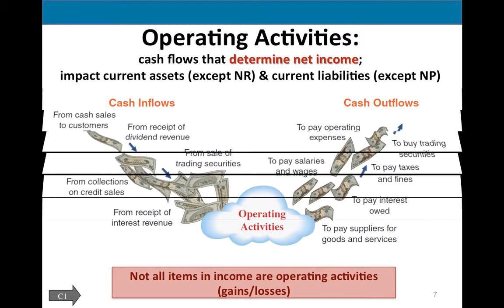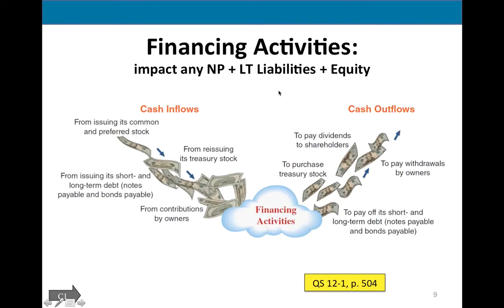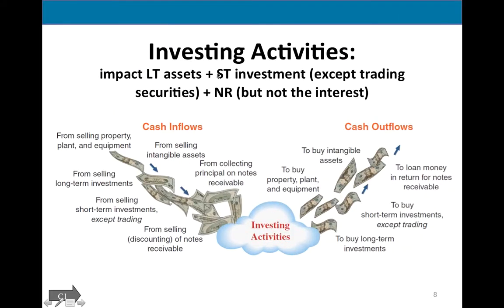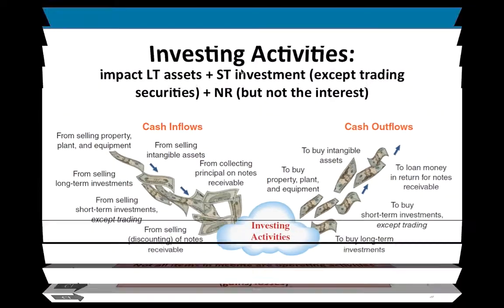Now, investing activities, as I said, mostly anything to do with long-term assets, but also short-term investments and notes receivable. By the way, when we earn interest on a note receivable, or when we pay interest on a note payable, both of those, interest revenue and interest expense, will actually be classified as operating activities because they go to the income statement.